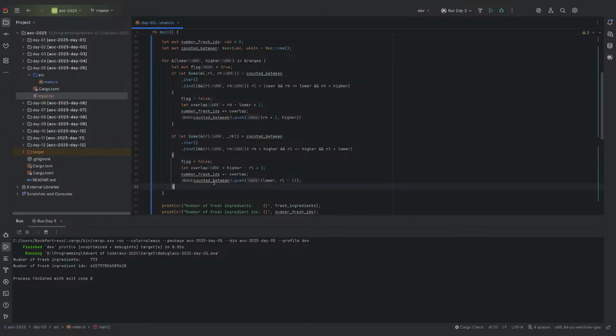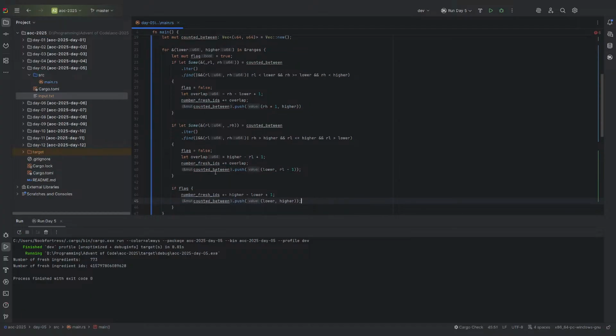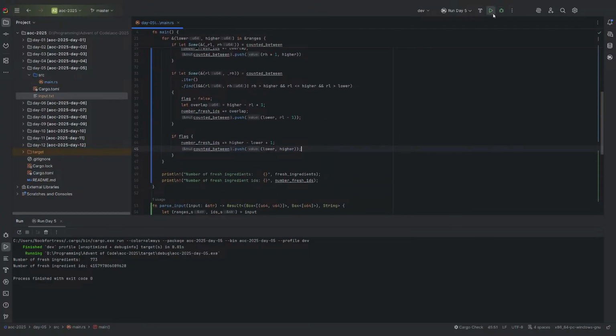That twice. If flag, then just counter between is just that range. There's nothing.